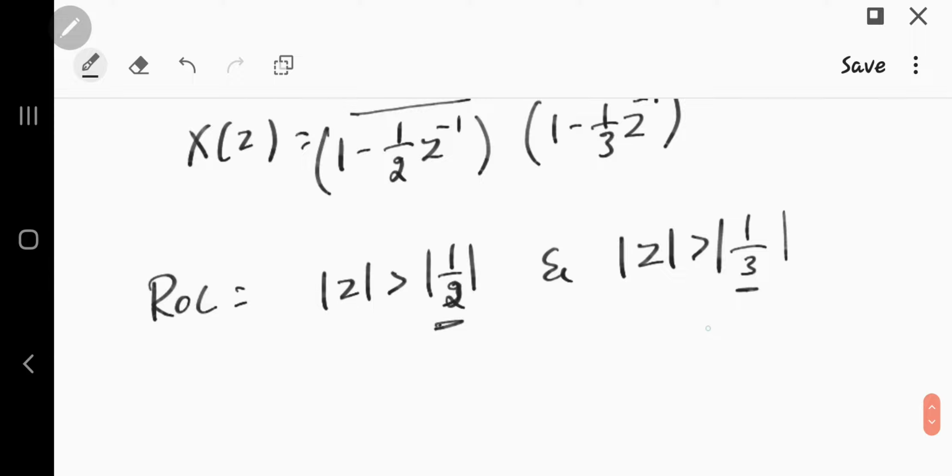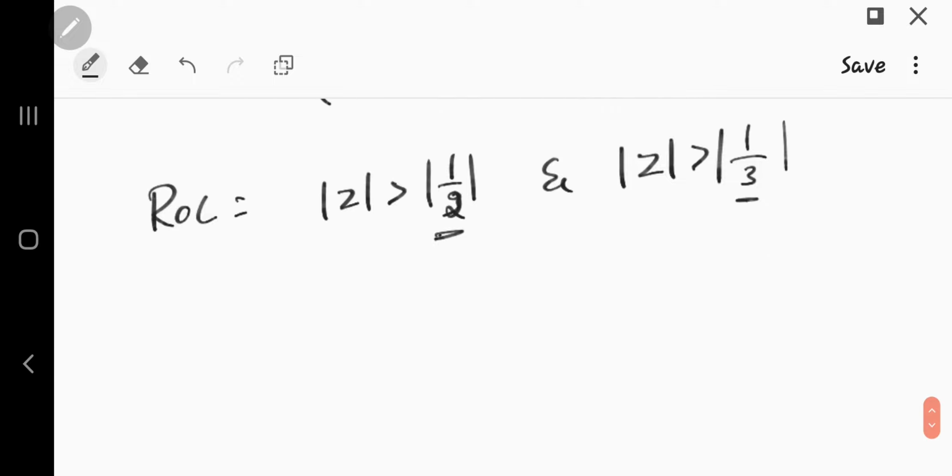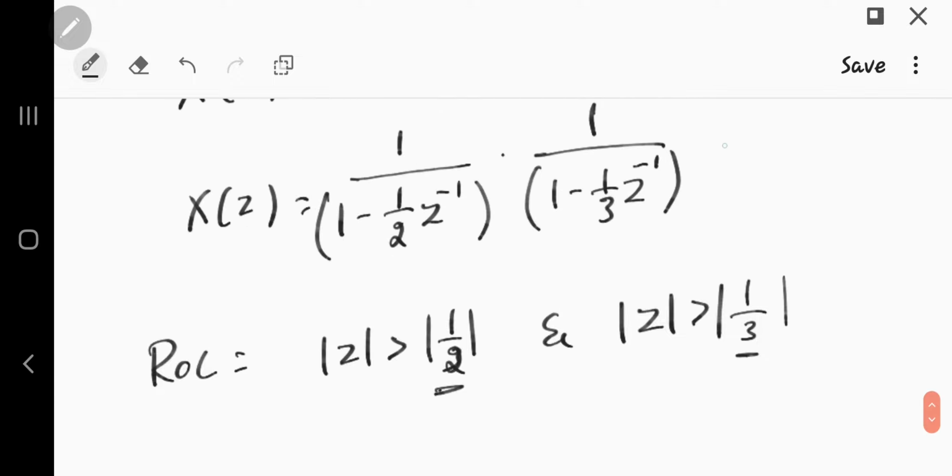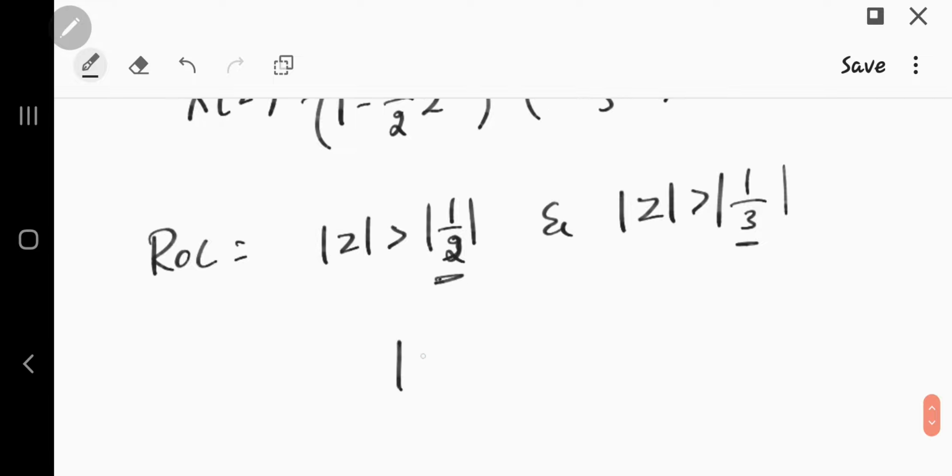If z is greater than 1/2, it is by default greater than 1/3 as well. So we can say that z is greater than 1/2. This is the ROC for this.